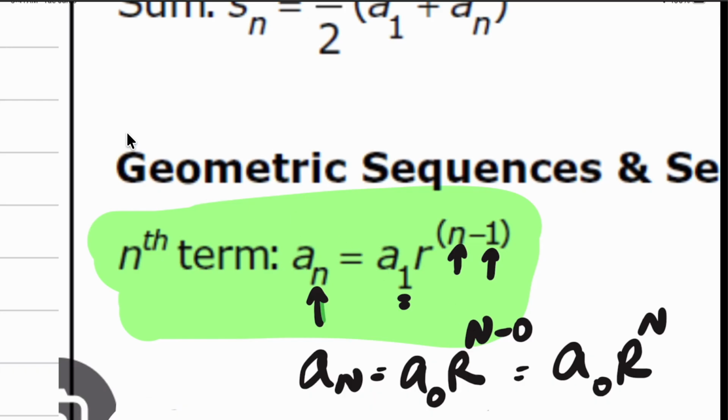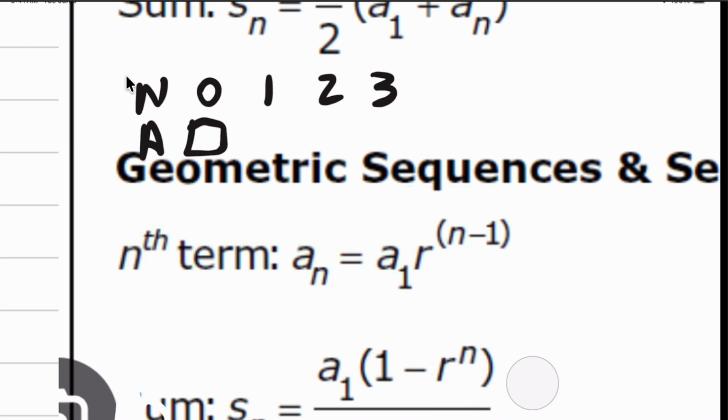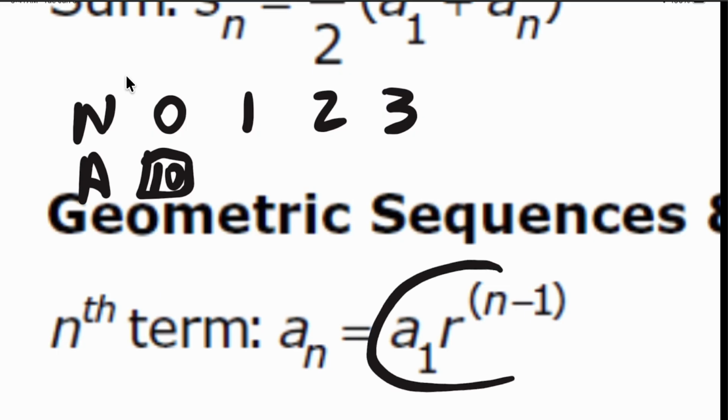If they list n values, and here's your a value, and they have position 0, 1, 2, 3, if they have position 0 there, you can't willy-nilly put this first amount, let's say this was 10, and use this formula like this.